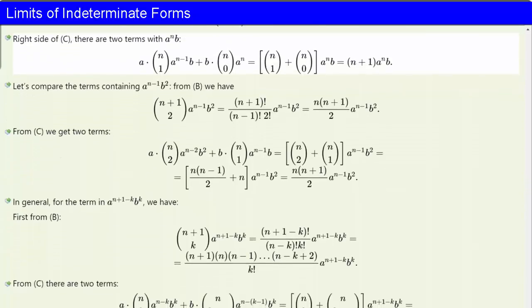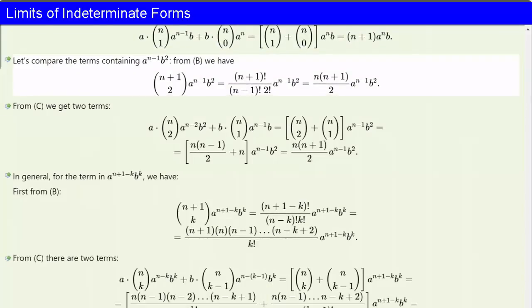On the right side of C, and you will have to think a little here, there are two terms with a^n b, namely a times (n choose 1) a^(n-1) b plus b times (n choose 0) a^n. Now you can collect the two a^n b terms and add the two binomial coefficients (n choose 1) plus (n choose 0), and when you work it out you get (n+1) a^n b, exactly what we wanted.